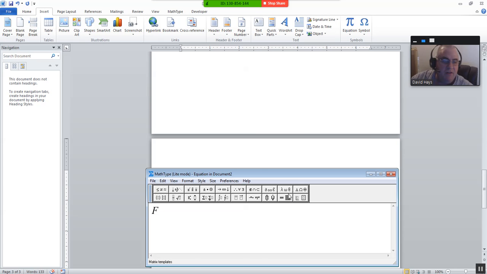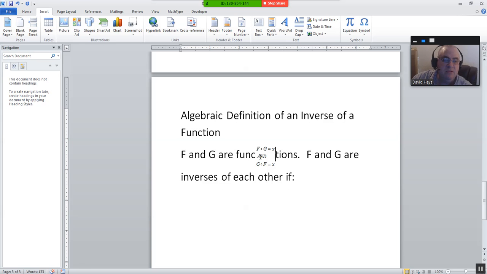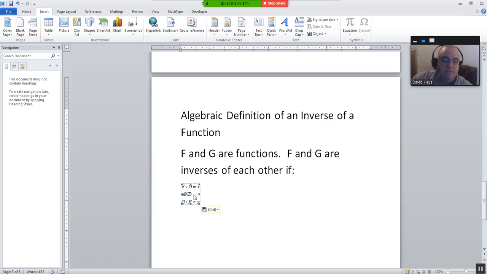If the composition of f and g is equal to x, and the composition of g and f is equal to x. There we go.